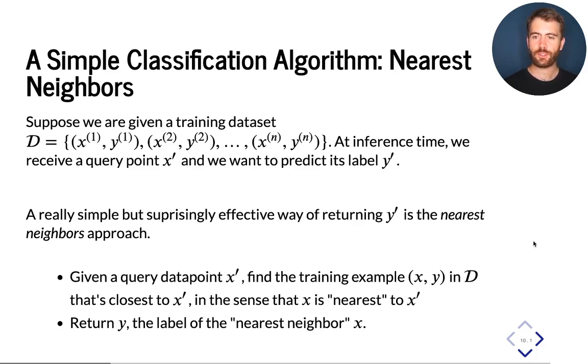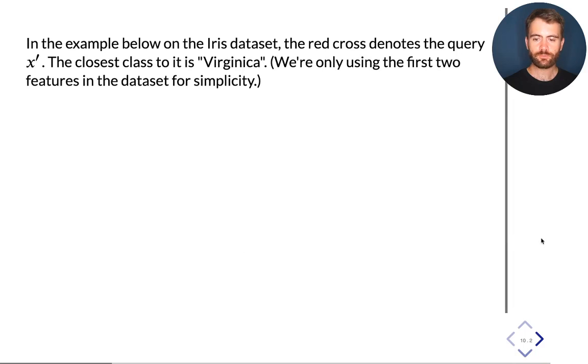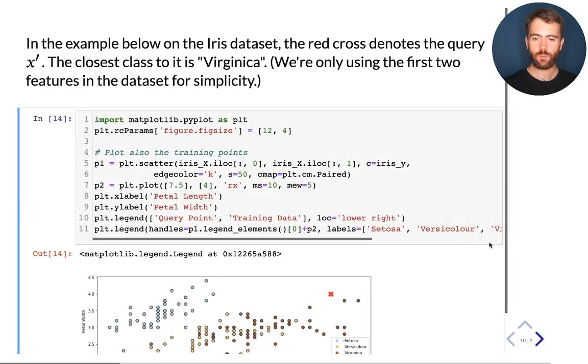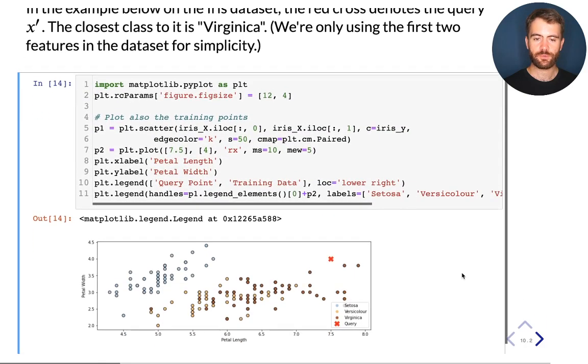Now let's look at a particular example, and then we will discuss this algorithm in more detail. For our example, we're going to again use our data set of iris flowers, which we introduced in the previous videos. You may recall that here each point is a flower, and for this flower we've collected a set of measurements. Here I'm only using two measurements, the petal length and the petal width.